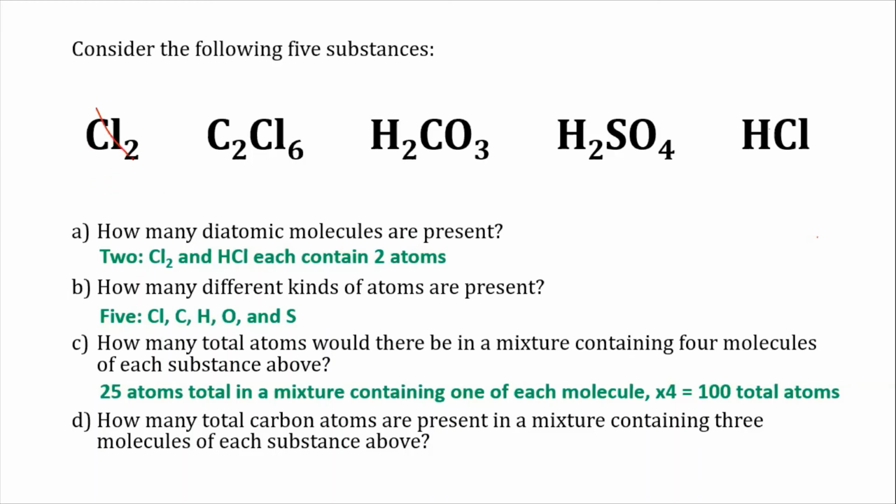So we can ignore chlorine because there's no carbon in there. In C2Cl6, we have 2 carbon atoms, 2C per molecule. In H2CO3, we have 1 carbon per molecule. H2SO4, there's no carbons in there, so we can ignore that one. And HCl, there's no carbons in there, so we can ignore that one.